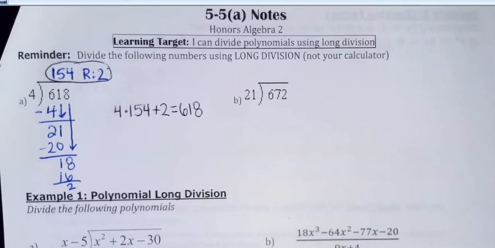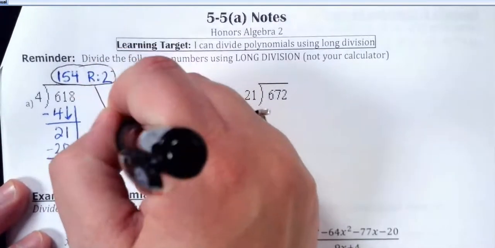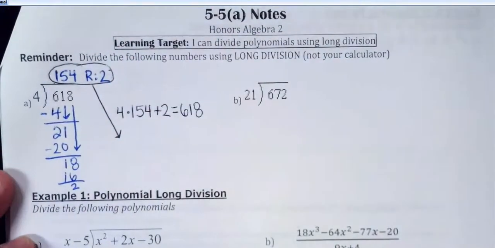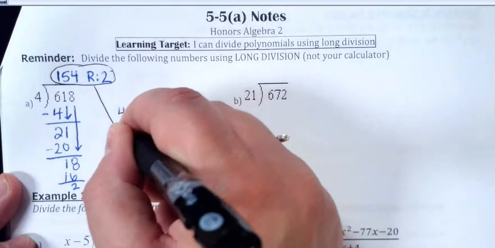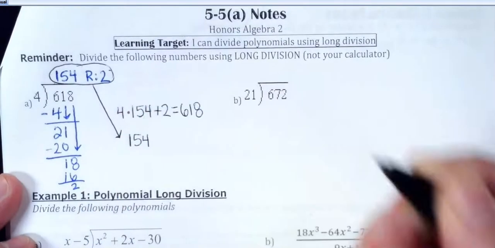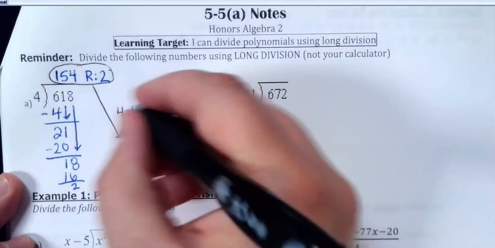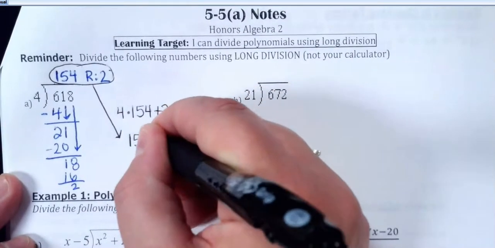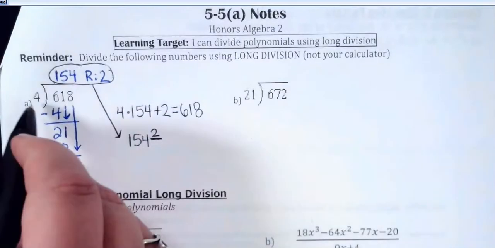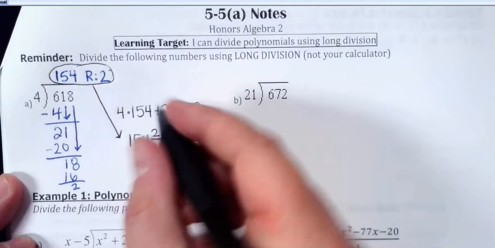Okay, now I just want to show you one other thing. There's just a couple questions that ask you this, and sometimes people prefer this format, so I'm going to show you this today. Another way to write this answer is 154, and then instead of just writing remainder 2, you would write the remainder, which is 2, over what you're dividing by, which would be 4.